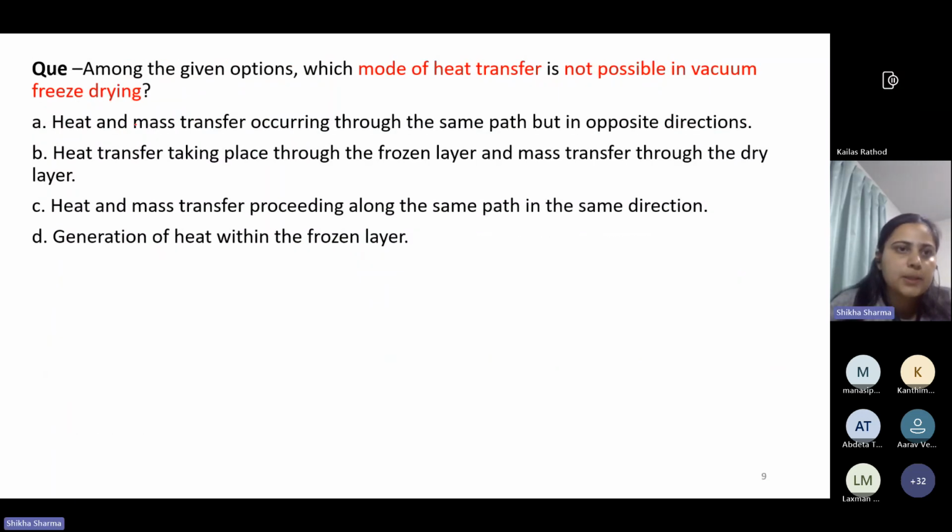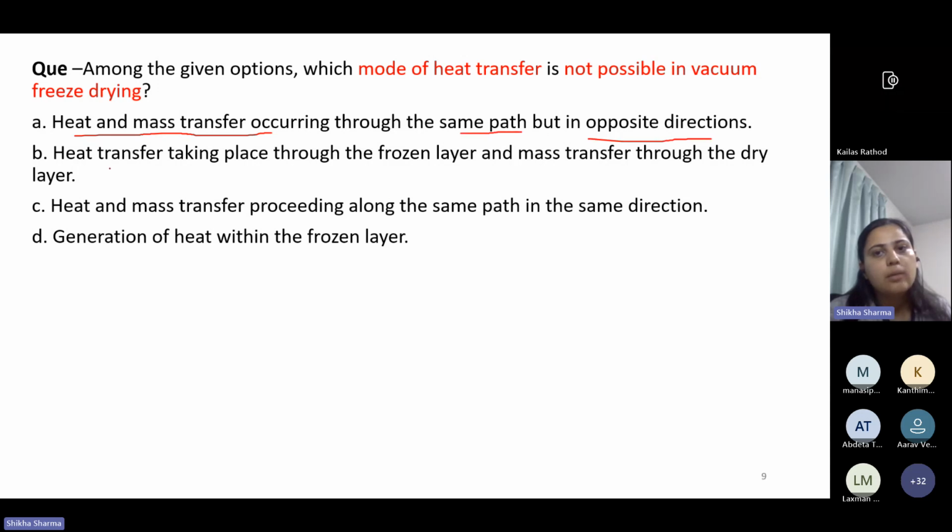Next question. Let's discuss, among the given options, which mode of heat transfer is not possible in vacuum freeze drying. A is heat and mass transfer occurring through the same path but in the opposite direction.